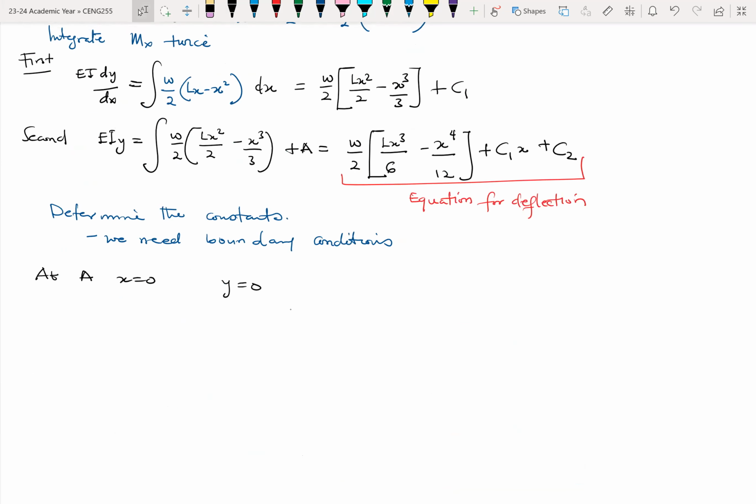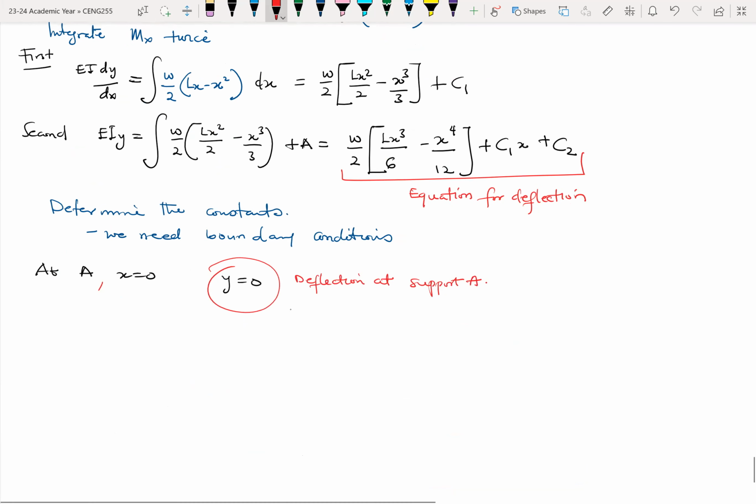So at A, X is 0, Y is 0. This here indicates deflection at support A. Okay. So if X is 0, Y is 0, I can put this information into my deflection equation.